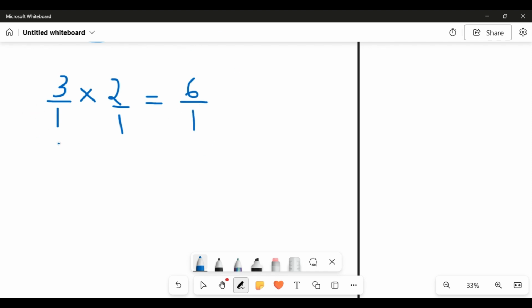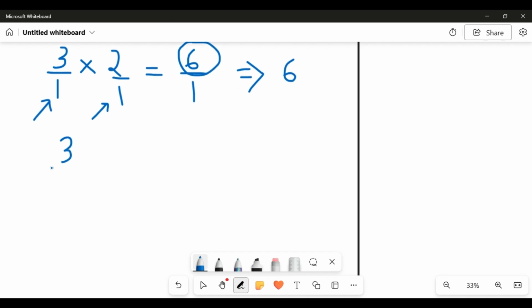Whenever the denominator is 1, as in these two fractions, we write only the numerator in the answer. We don't have to write 6 by 1. We can only write 6. Okay? This will be the answer.